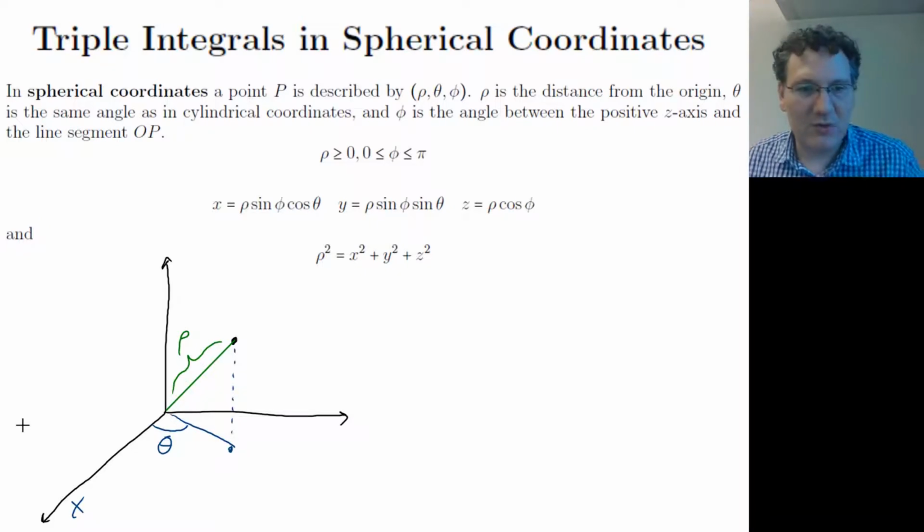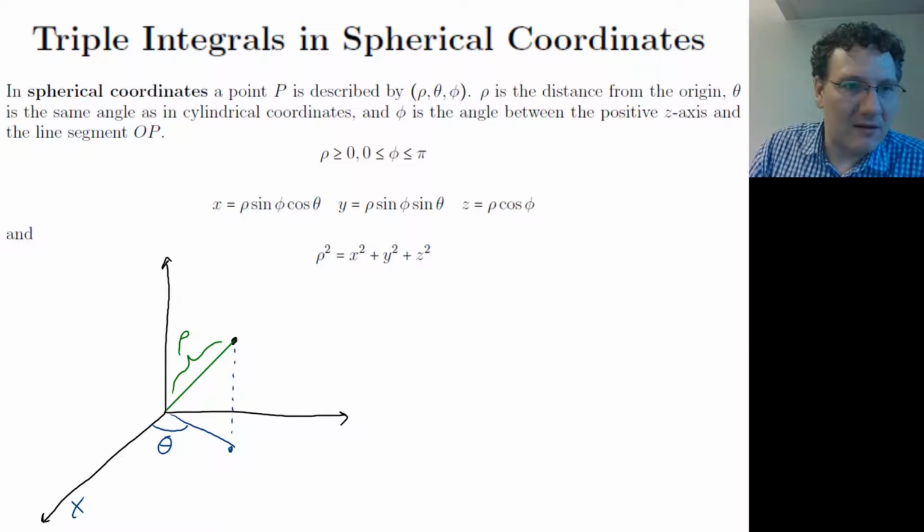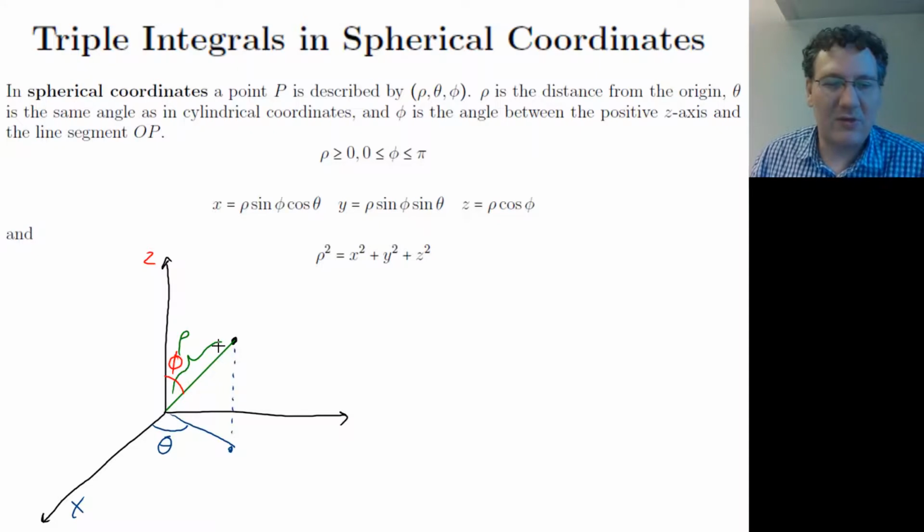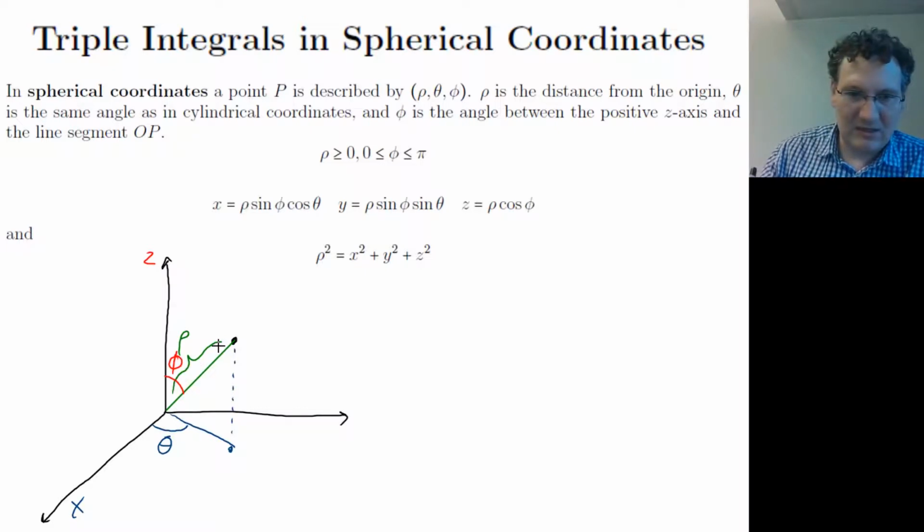And then the angle between the z-axis and the line to the point is phi. So these are the three values that determine the position in 3D space.